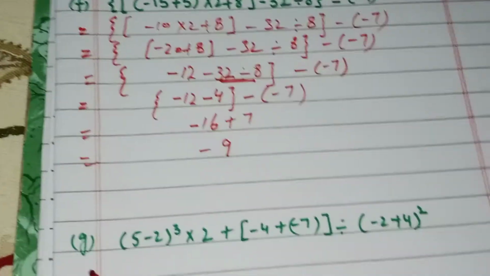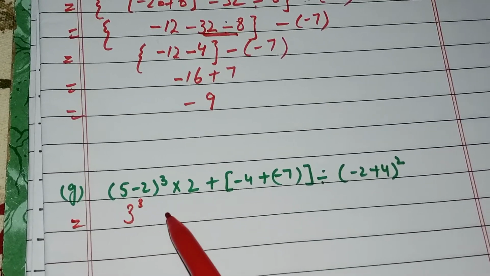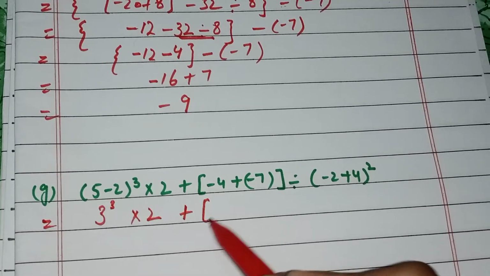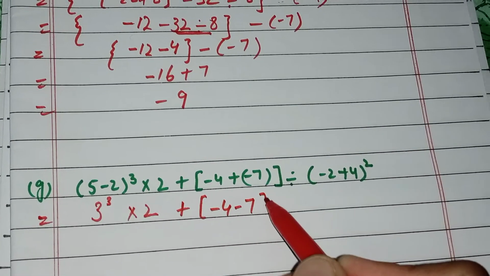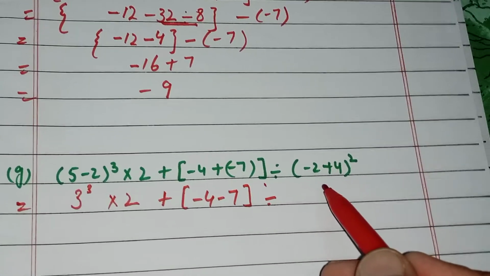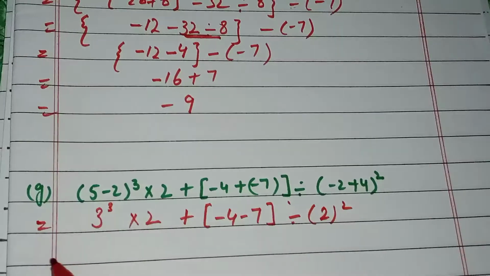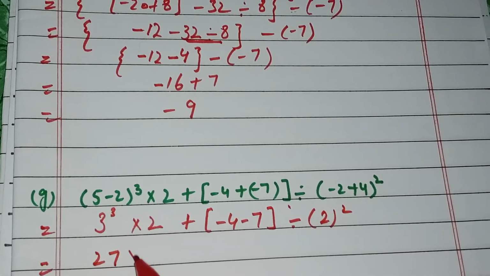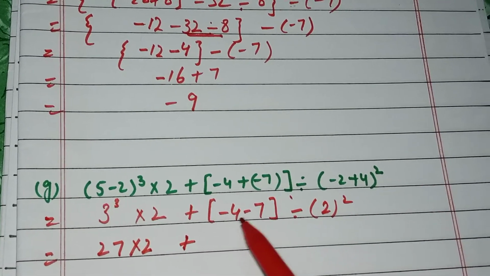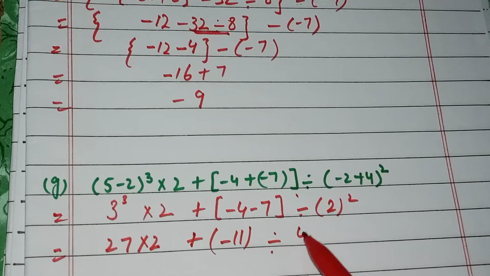Now part G. 5 minus 2 is 3. 3 cube multiplied by 2, then plus minus 4 minus 7 divided by minus 2 plus 4 square. Here minus 2 plus 4 is 2 square. 3 cube is 27 multiplied by 2 plus minus 4 minus 7 is minus 11 divided by 4.